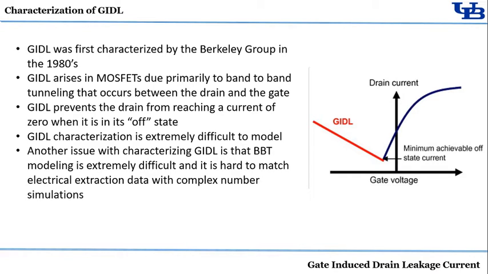And it's extremely difficult to model GIDL. There are many factors that influence it. Another issue with characterizing GIDL is that BBT modeling is extremely difficult, and it is hard to match electron extraction data with complex number simulations. And in the figure we can see that it achieves only a minimal off-state current. It cannot achieve 0.